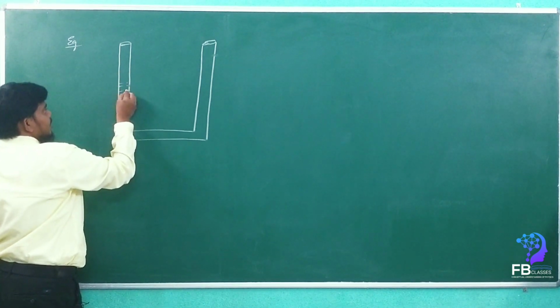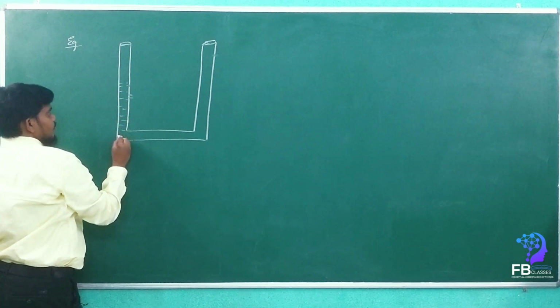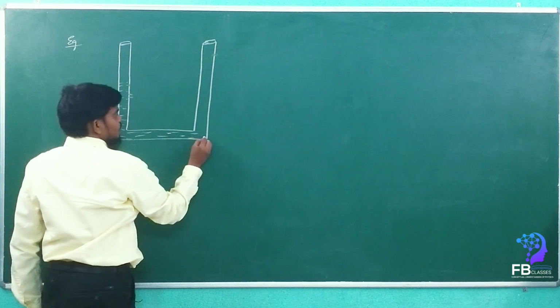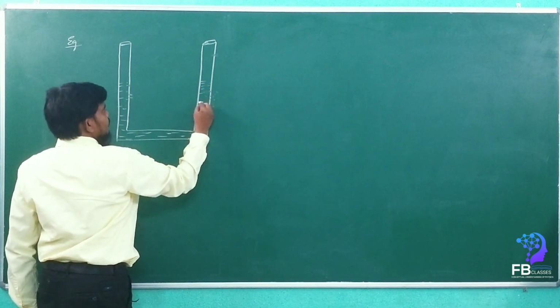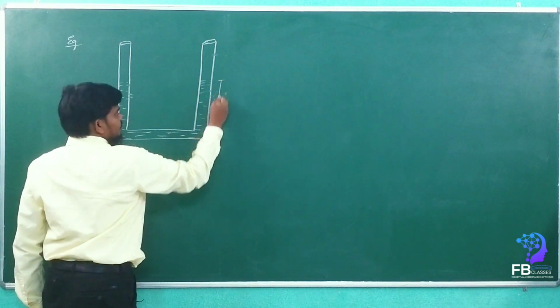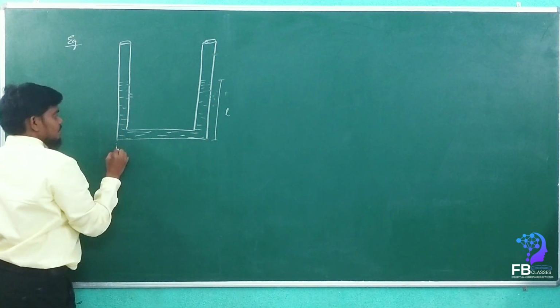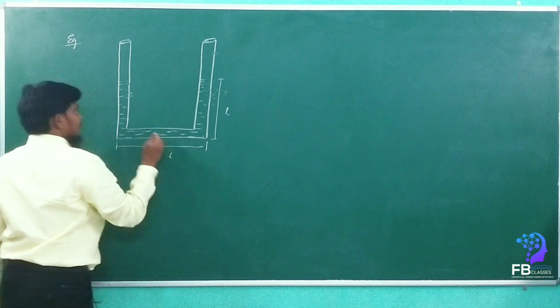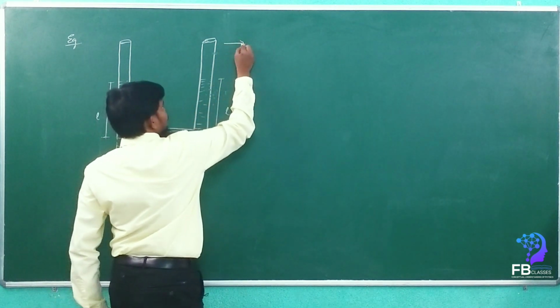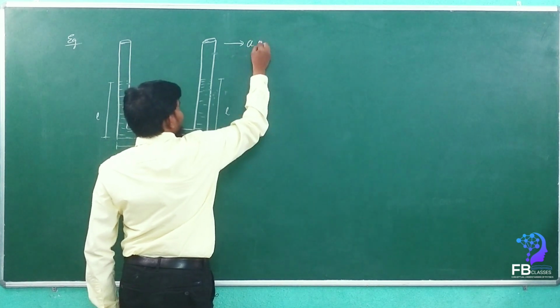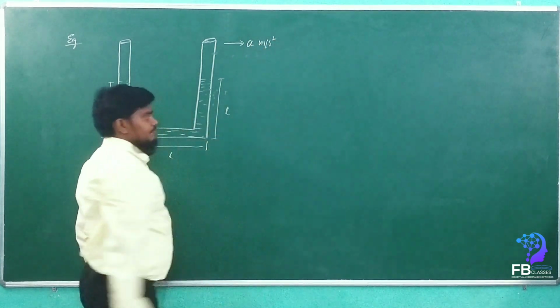Here in this container there is a liquid. Okay. So this liquid length is L. This is also L and L. So now this container is moving with an acceleration of a meter per second square.